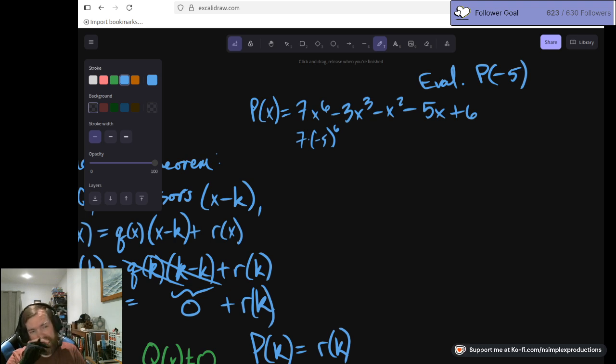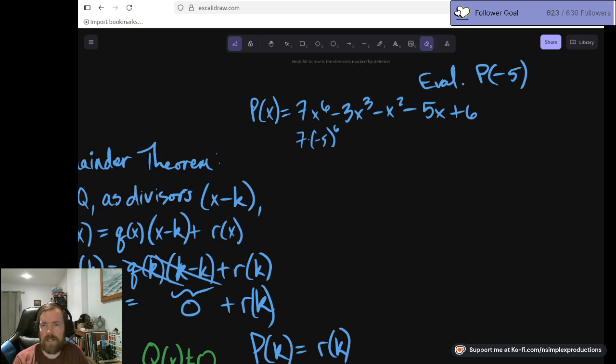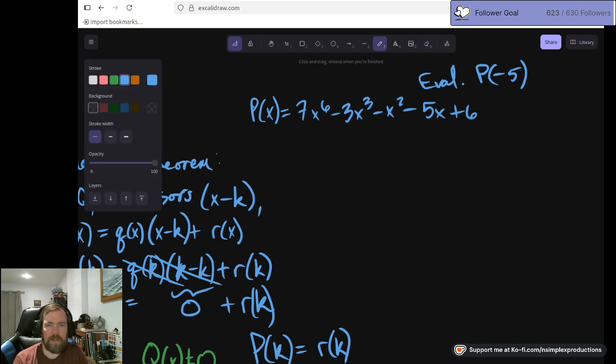But if I want to just get a quick number, can I do this by hand? Then the answer is yes. We could easily go through and say, all right, we had talked about synthetic division before, where we could say this is x plus 5 is equal to 0.